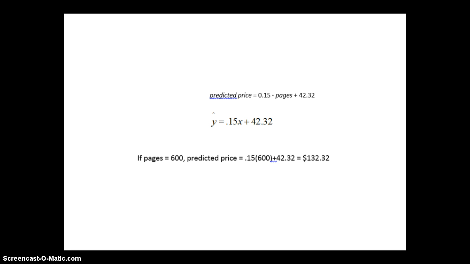Here we have an example where the x values are pages of a textbook and the y values are the prices of the textbook. The line of best fit has the equation predicted price equals 0.15 times pages plus 42.32.